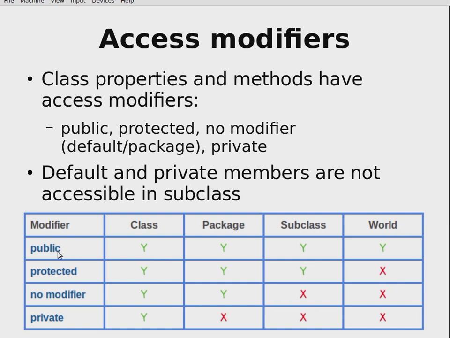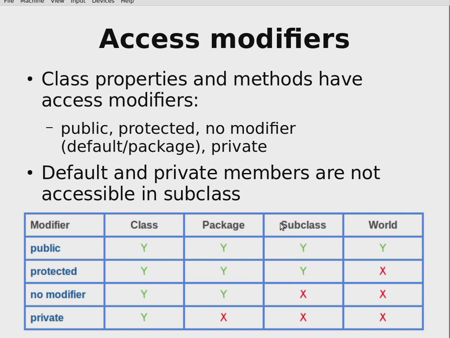Access modifiers are keywords you add before signatures or declarations of your methods, before declarations of your variables. And what is the meaning? First, there is the case where you do not have an access modifier at all. That means that this particular method or property will be reachable from the current class or from other classes located in the same package.